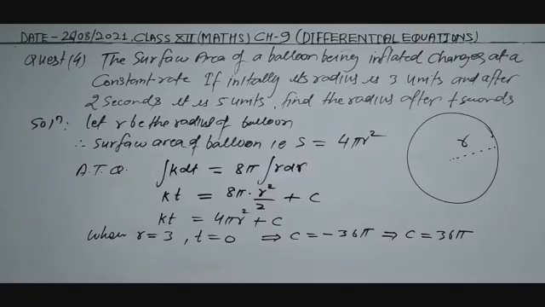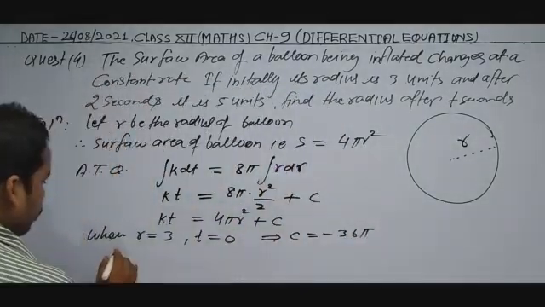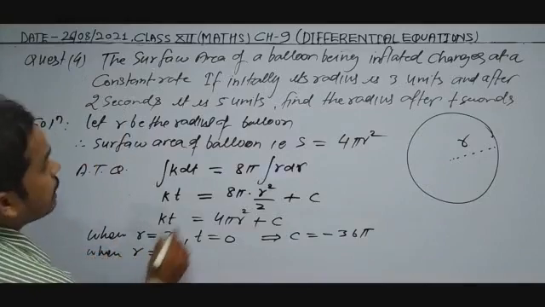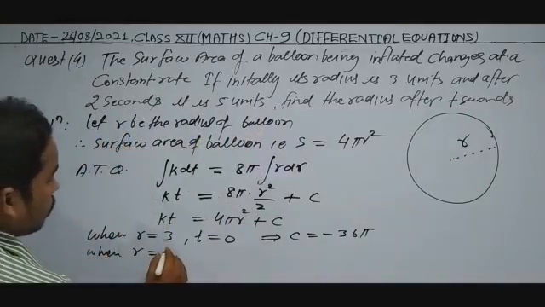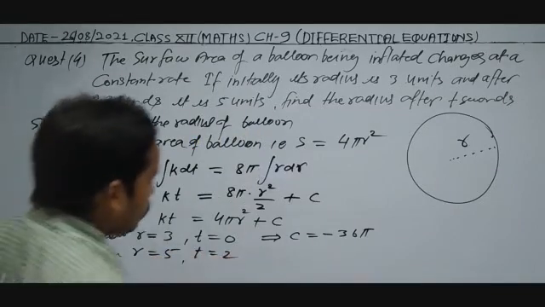Now when r is equal to 5, this implies t is equal to 2.